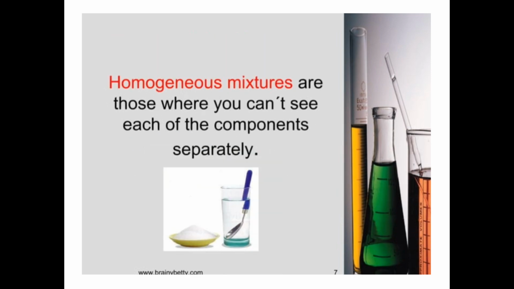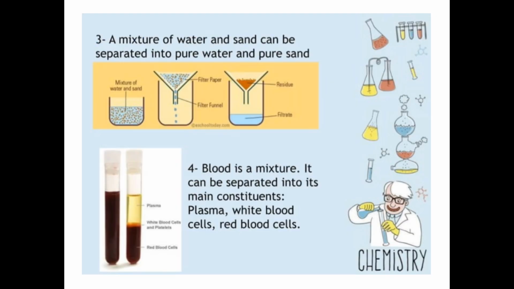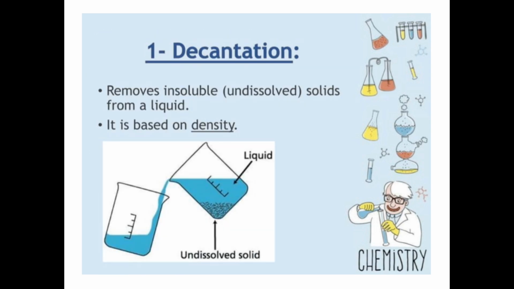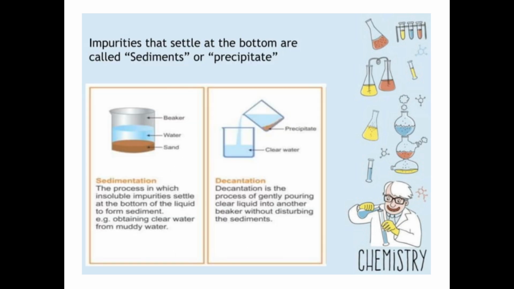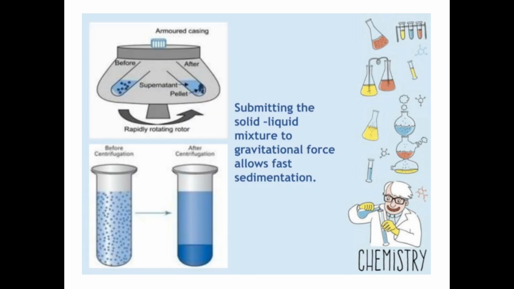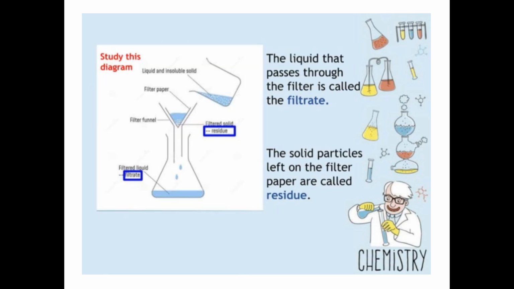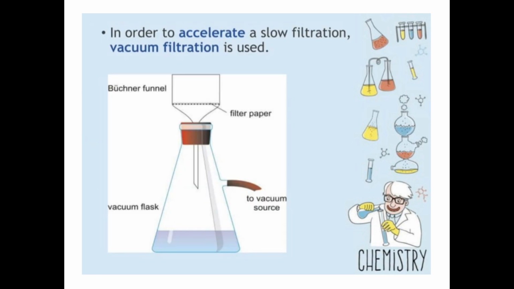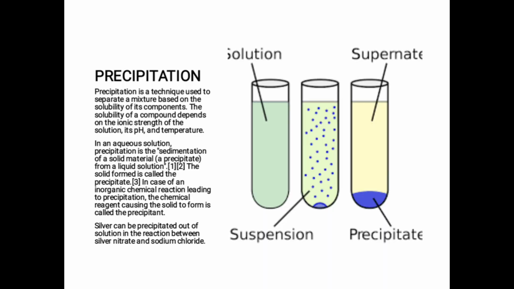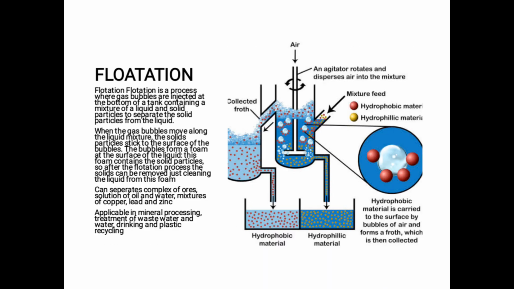The one we looked at in the last video was heterogeneous mixtures, where we looked at solid-liquid heterogeneous mixtures and how we can separate them using decantation, centrifugation, filtration. We also looked at the precipitation method, and flotation.